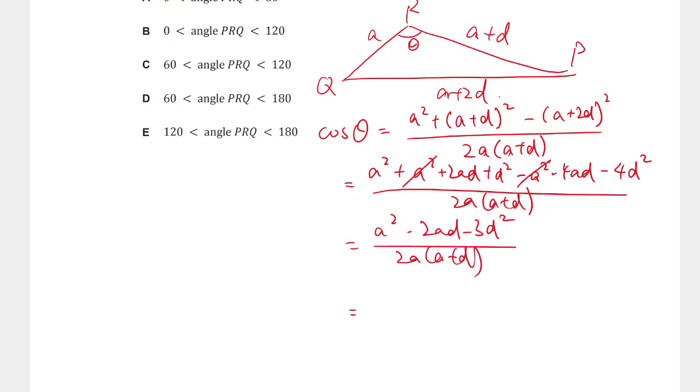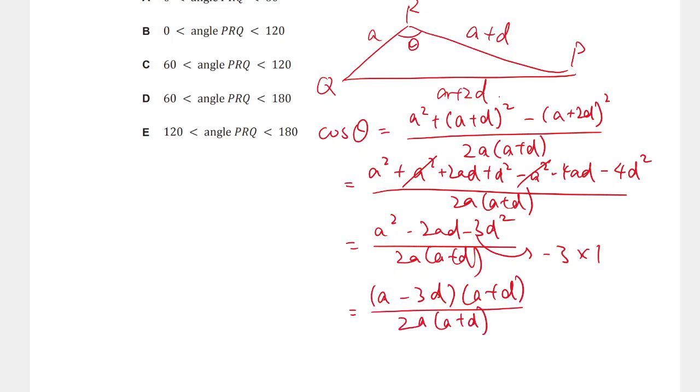So minus 2 and minus 3, right? So you break the minus 3 into minus 3 times 1, because then if you add them together, it gives you the minus 2. So therefore we have a minus 3d, a plus d. Just like how you factorize a quadratic, essentially. And then divided by 2a, a plus d.